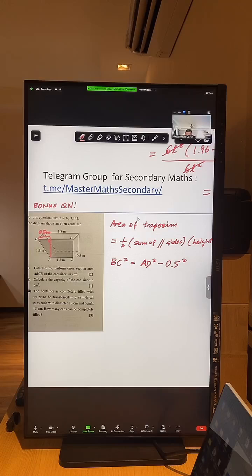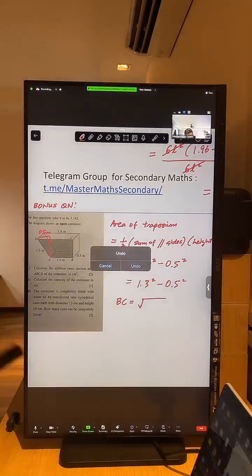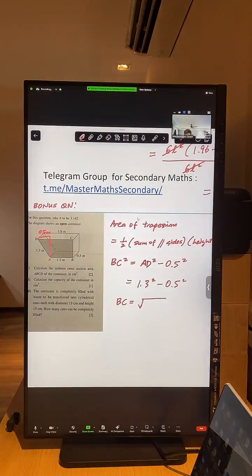This is Pythagoras theorem. So AD square is 1.3 square minus 0.5 square. So your BC will be square root of 1.3 square minus 0.5 square. So 1.3 square minus 0.5 square is actually 1.44.